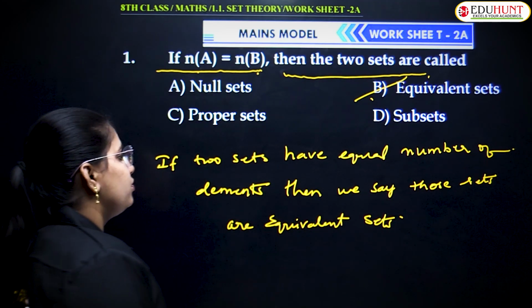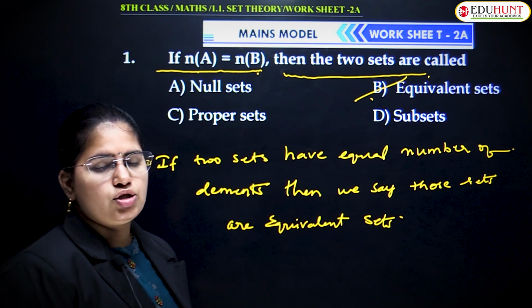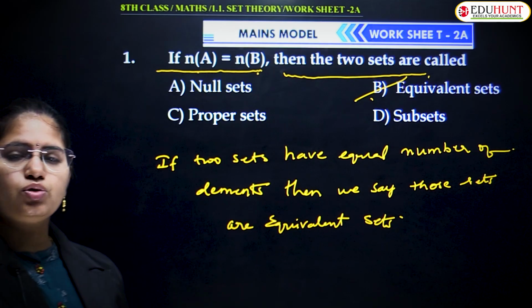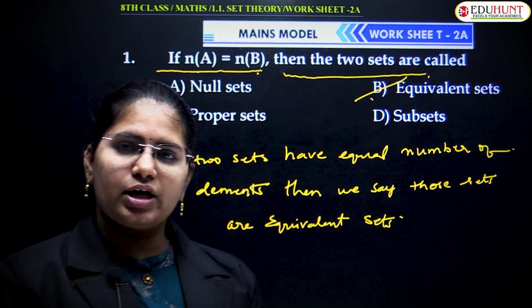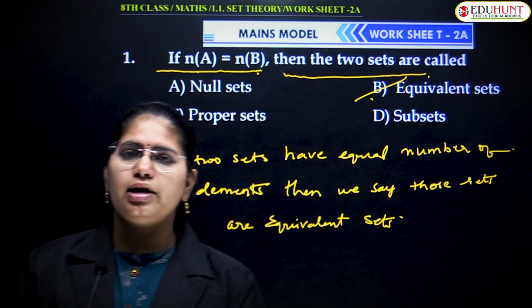So option B will be your answer. If the number of elements of two sets are equal, then we can say both sets are equivalent sets.